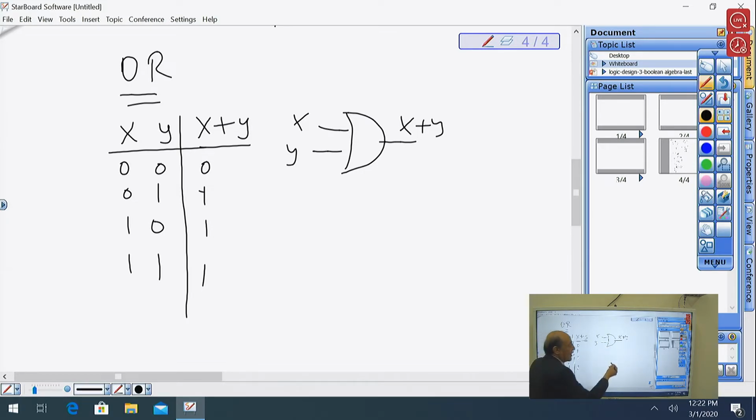And again, we can demonstrate the work of the OR by means of the following electrical circuit.